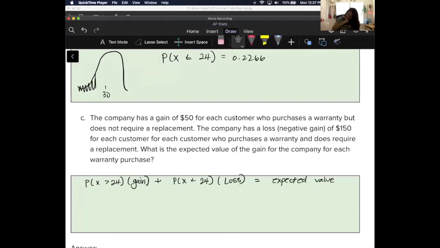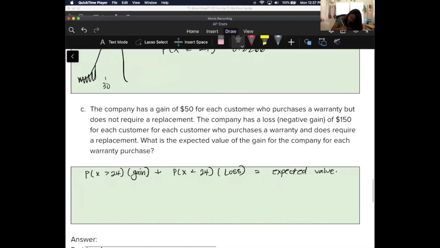In this case, the probability that someone has a battery that doesn't work within 24 months is 0.2266, times the negative 150.